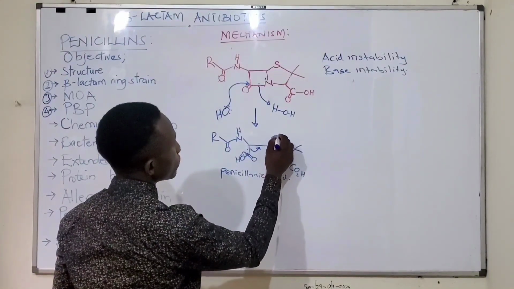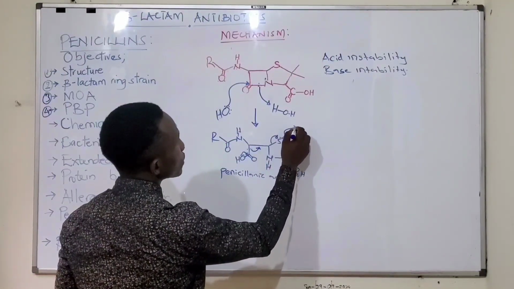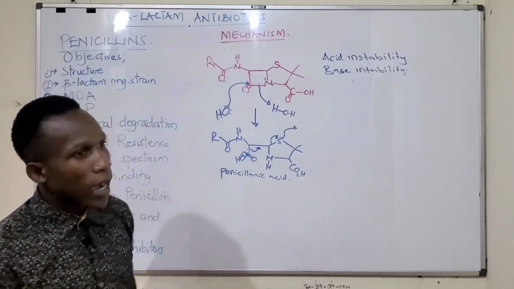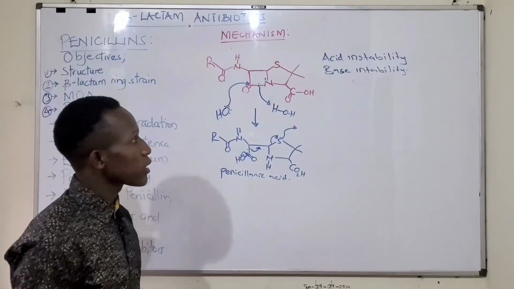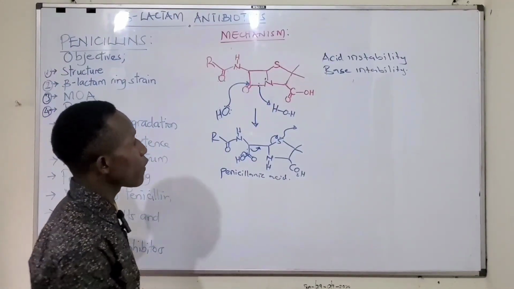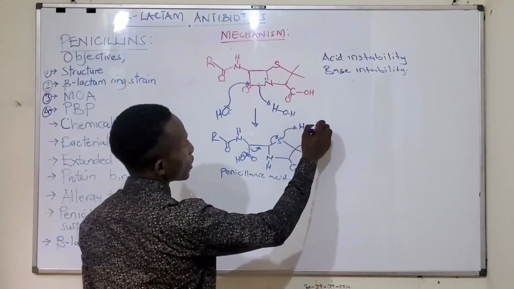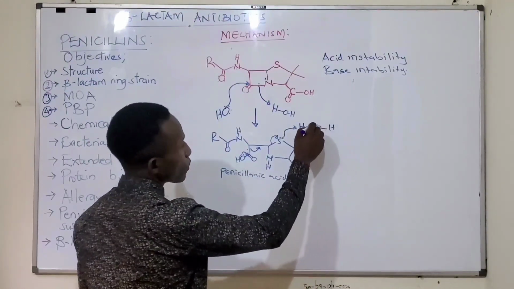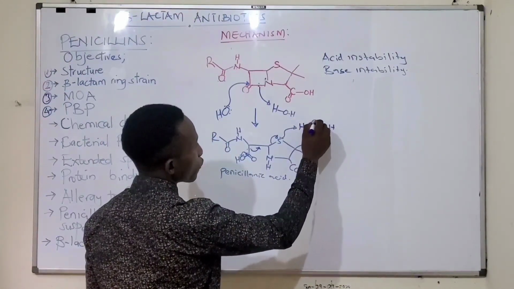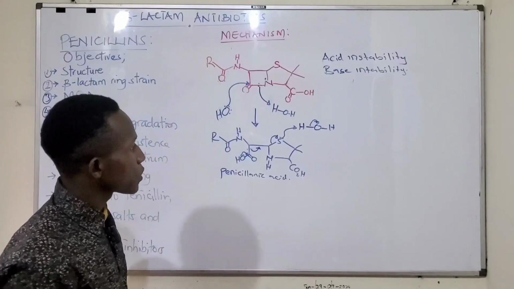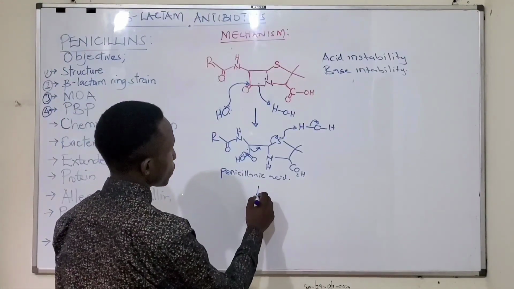This one will break. So this one, instead of the hydrogen in the form of proton, we shall have water, to take the hydrogen from water. When it takes that hydrogen, we shall form more OH group.